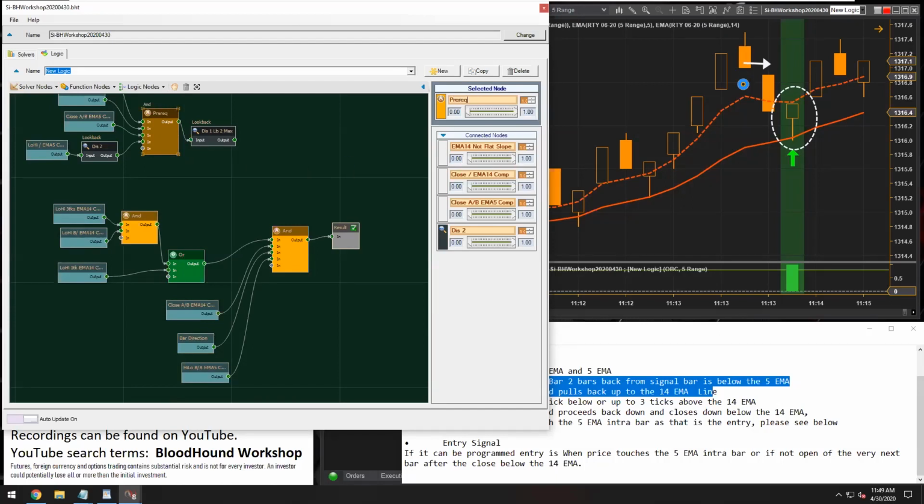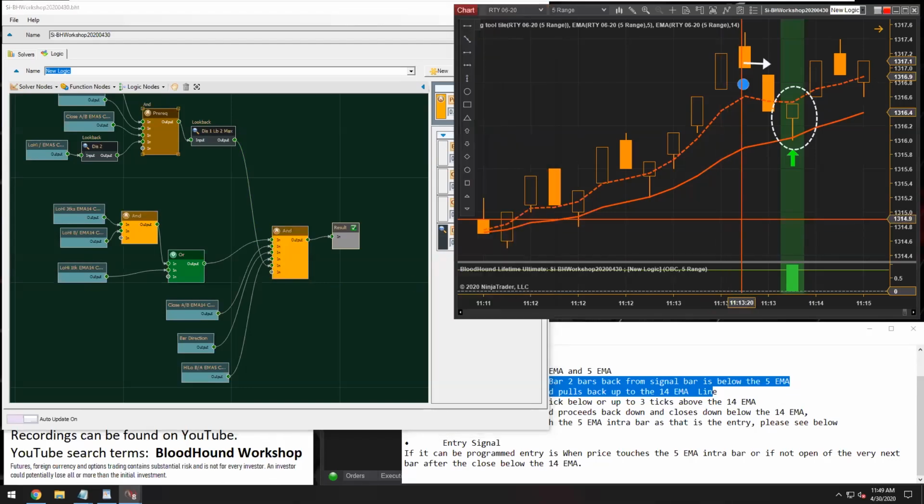I'm just going to call it prereq for short. So we have our prerequisite logic back here, connected into our final AND node. And there we go. And that setup bar still qualified.